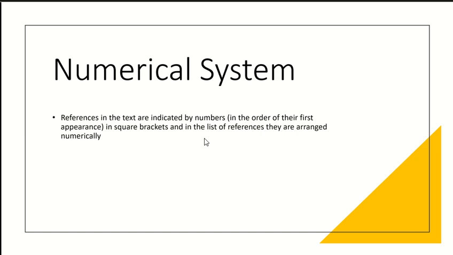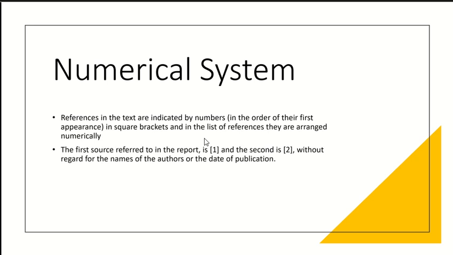So these are the advantages of the Harvard system. In the numerical system, the numbers appear in the order of their appearance. The first reference that appears is reference number 1 and so on. That's what I already mentioned.